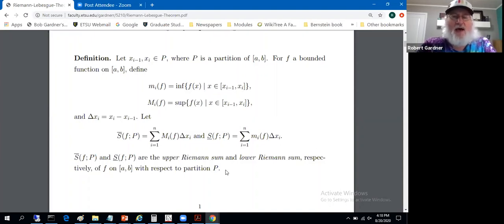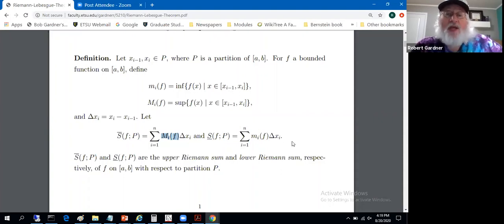When you did this in Calculus 1, you chose a particular x value and you fed it into the function to determine the height. A common notation is to take x sub i star from this little subinterval. Take an x value, call it, say, x sub i star, plug that into the function and use that to determine a height. Now there's some ambiguity there because you don't know how that x sub i star was chosen.